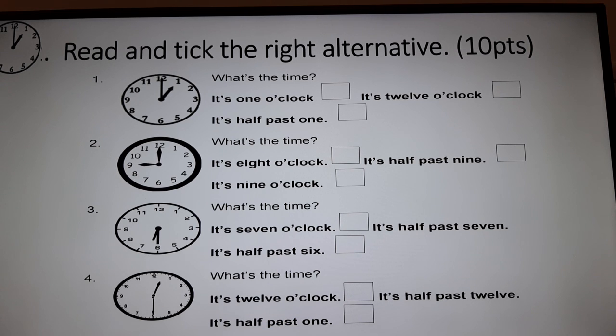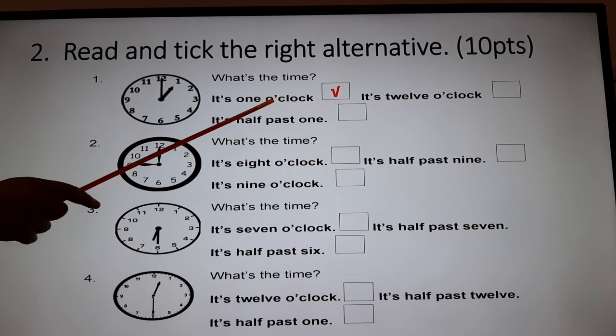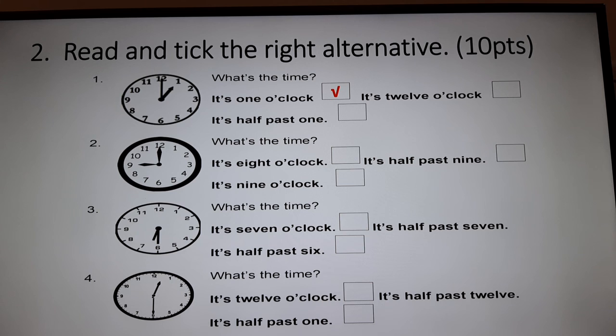So we have to look at it. Now for the first clock, what's the time? Here we say that it's 1 o'clock. We have the shorthand on 1 and the long one at the 12. So it is 1 o'clock. For number 2, what's the time here?